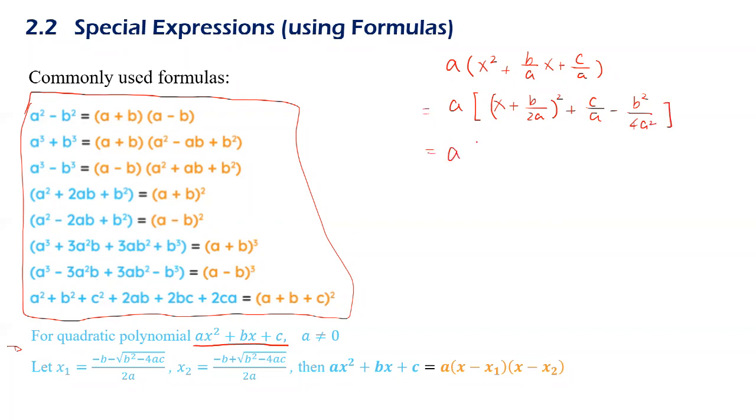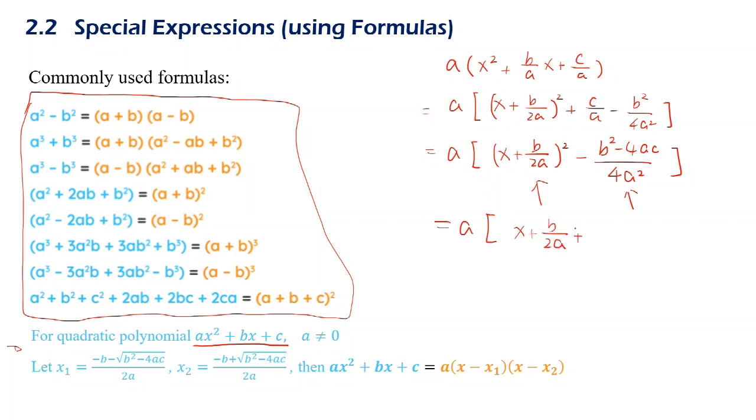And this is actually a times x plus b over 2a squared minus b squared minus 4ac over 4a squared, right? As you can see here, this is something square minus something square. So we can use a formula, which is equivalent to first term plus the second term.